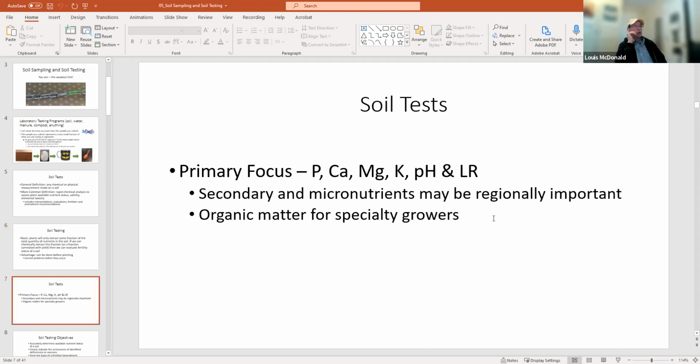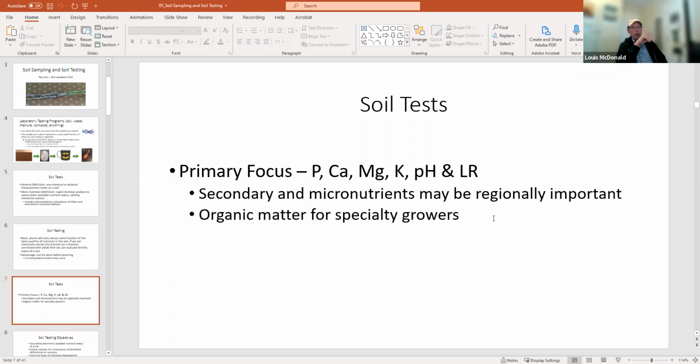Okay. So the primary focus of soil testing has historically been phosphorus, calcium, magnesium, potassium, pH, and then corresponding to pH is the idea of a lime requirement, LR. Regionally, you may see issues with other secondary and micronutrients depending on the soils of that particular region.